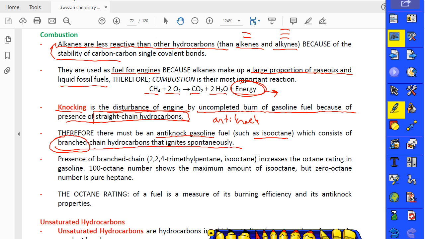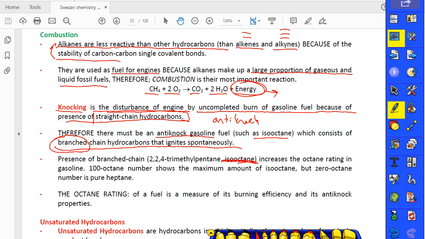It means that, guys, straight chain cannot easily burn, so you need branched chain, so branched chain can easily burn and it gives you more energy. Because of that, in your fuel, for example, you also need a larger amount of branched chain hydrocarbons. The most common branched chain hydrocarbon in anti-knock gasoline is isooctane.